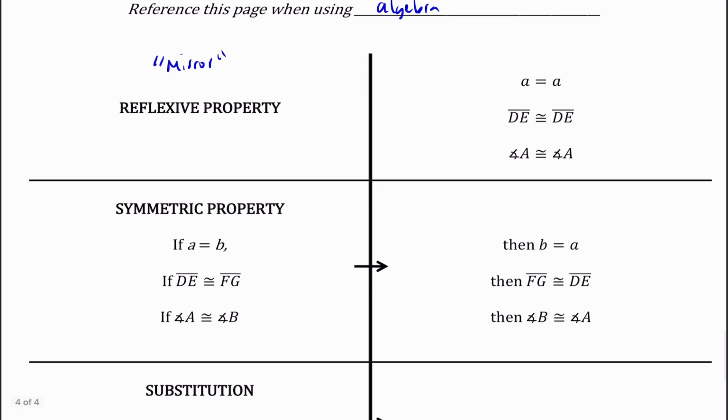And then the symmetric property states that if A is equal to B, then I'm just swapping the position. Then B is equal to A. If segment DE is congruent to segment FG, then again, I'm just swapping the position. FG is congruent to DE. If angle A is congruent to angle B, then angle B is congruent to angle A. I'm just, again, swapping the position.